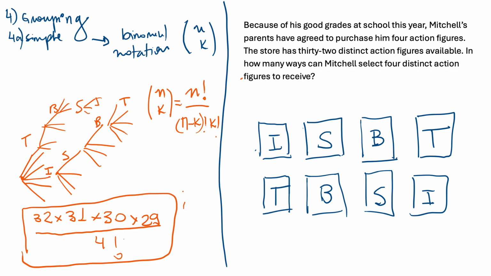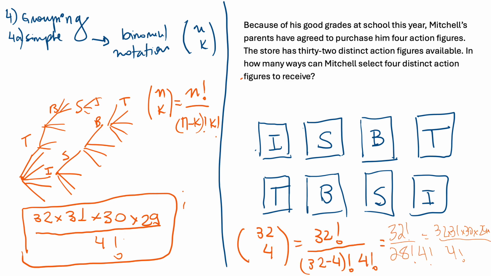But if you want to do it using the formula, okay, I have 32 things, and I want to group these 32 things into 4, like I want to choose 4 from a particular group of 32 things. So the nomenclature is 32 choose 4, where the order doesn't matter.